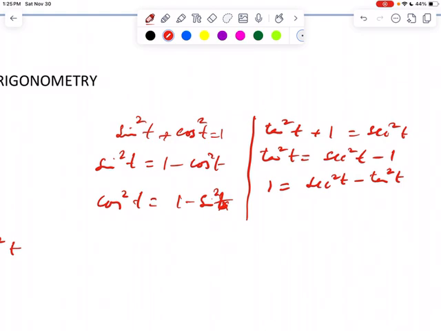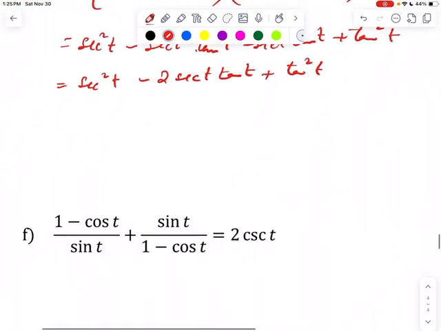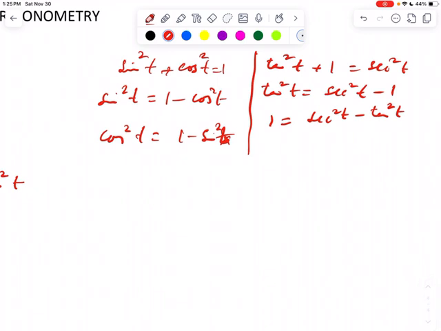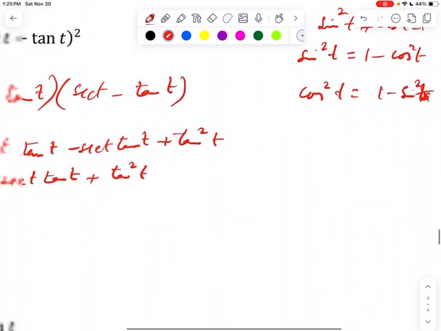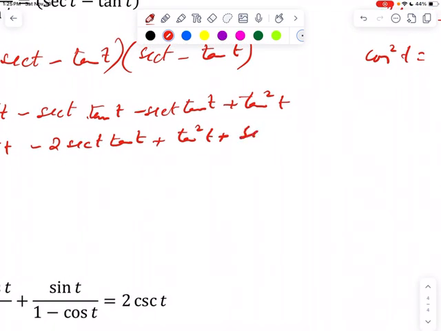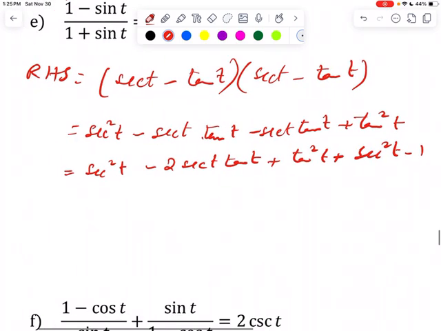So any place you see secant square t, you can replace it by 1 plus tangent square t. If you see tangent square t, you can replace it by secant square t minus 1. Okay, so if I replace the tangent square t by secant square t minus 1, what do we get?